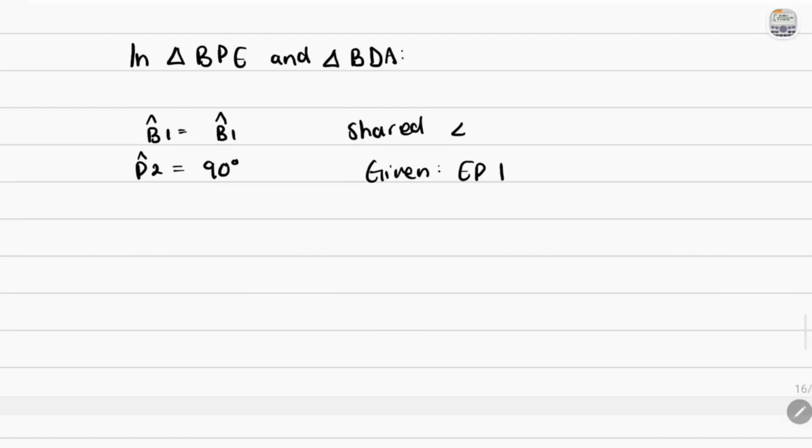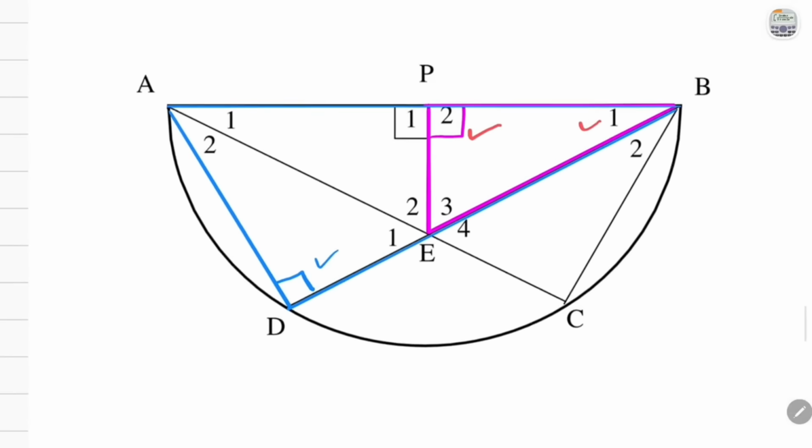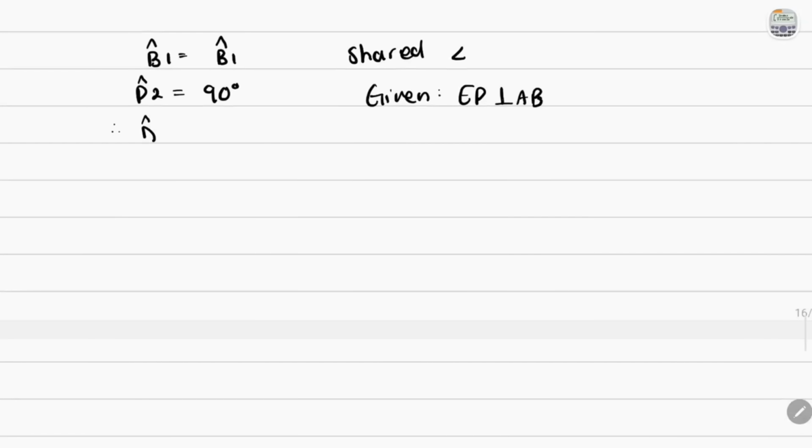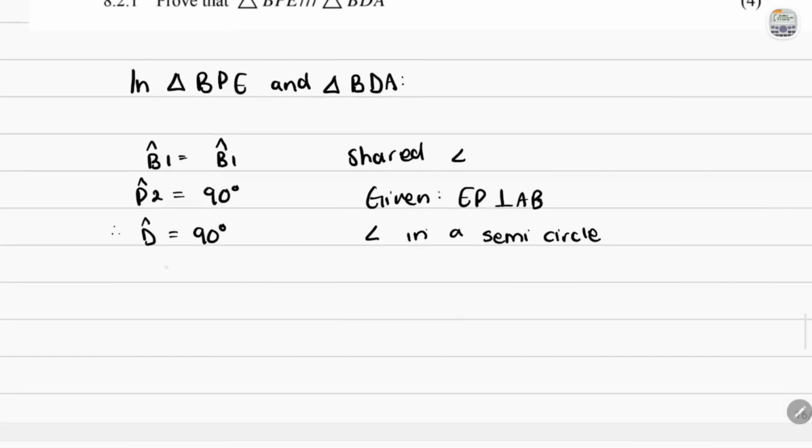And then we can also say that angle D is equal to 90 degrees, and that is because of angle in a semicircle. So this is one angle that is equal. We can finally conclude that angle P2 is equal to angle D.